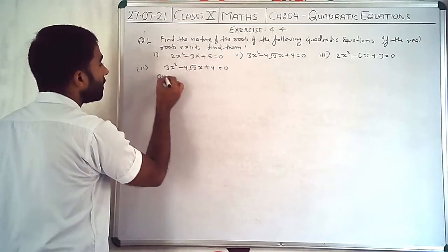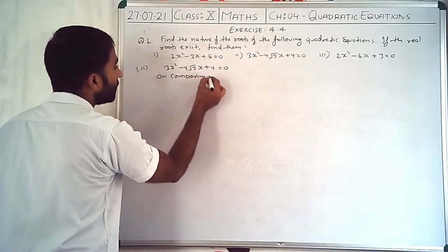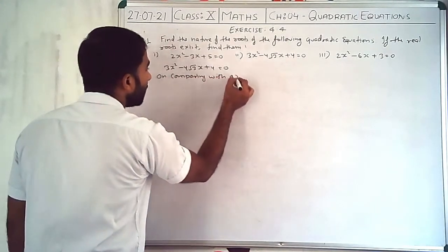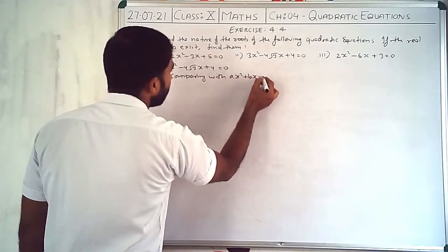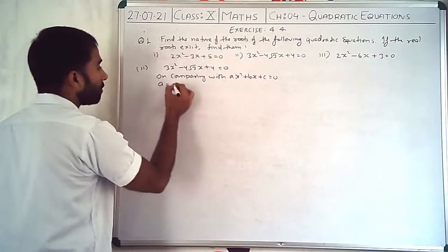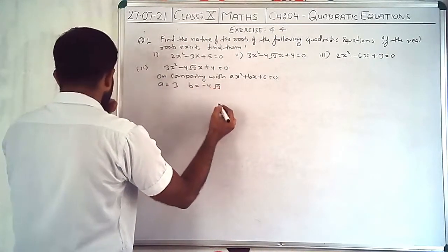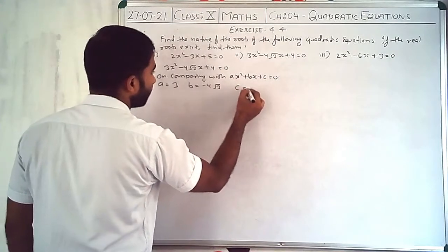On comparing with ax square plus bx plus c is equal to 0, we will get a is equal to 3, b is equal to minus 4 root 3 and c is equal to 4.